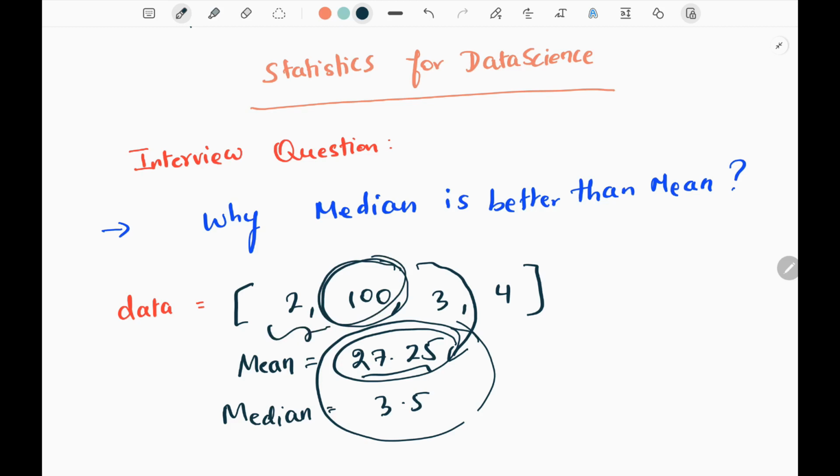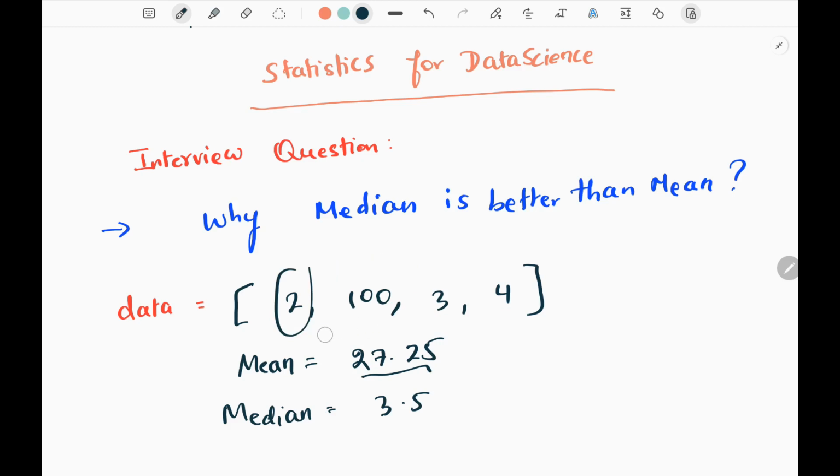If I reject all the values 2, 3, and 4, which can be useful. In other words, the other values are very similar. They have a difference of 1 between each other. But there is only one value which looks like an out of range value, which is nothing but an outlier, right? And this one impacts the mean.